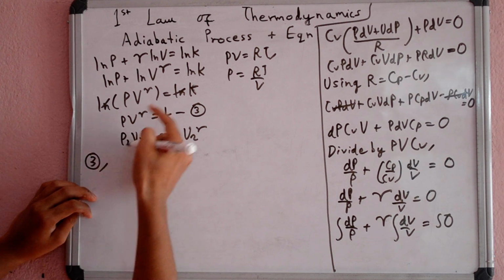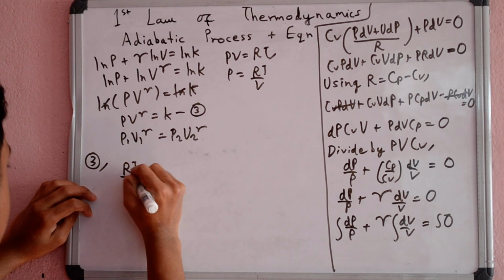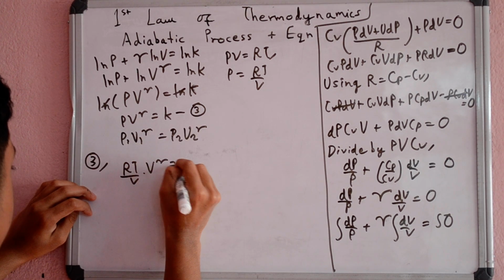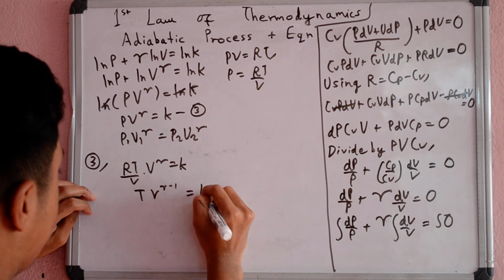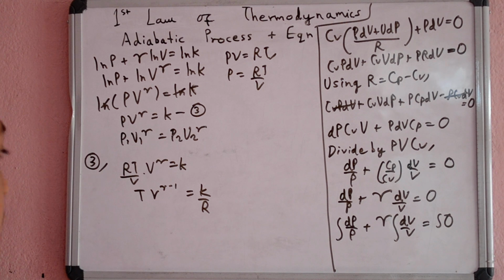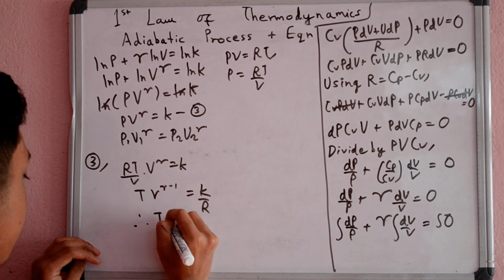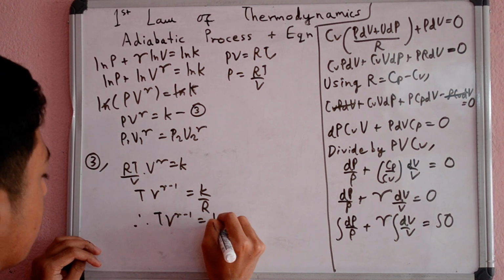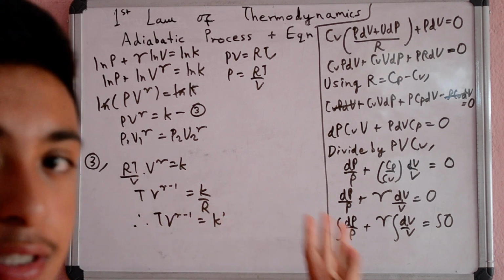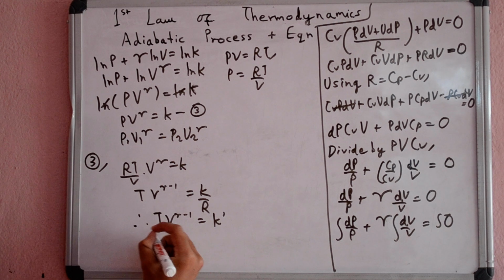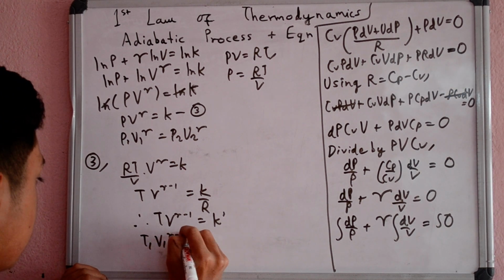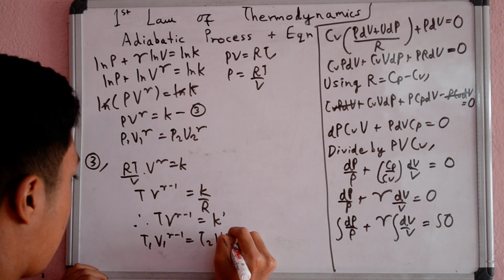So equation 3 becomes (RT/V) times V^gamma equals K, or T V^(gamma minus 1) equals K/R. Therefore T V^(gamma minus 1) equals another constant, because the ratio of constants is just a constant. So again we have T1 V1^(gamma minus 1) equals T2 V2^(gamma minus 1).